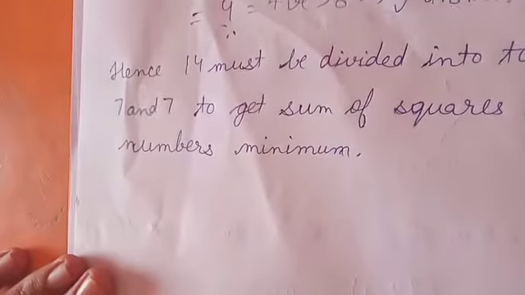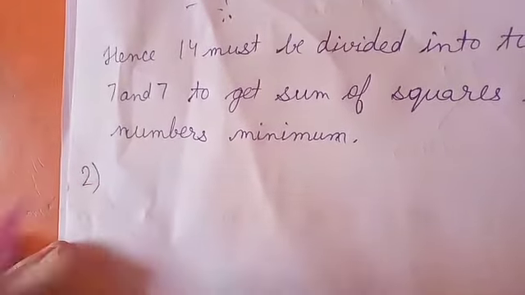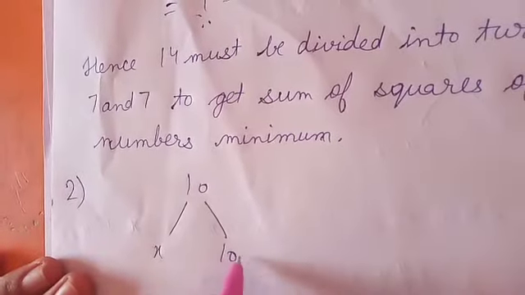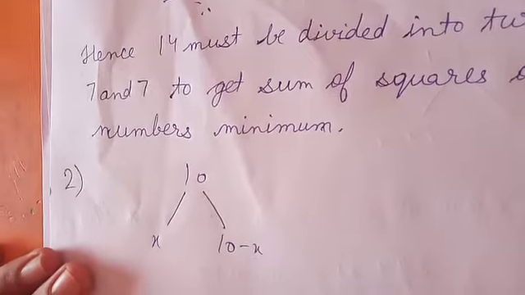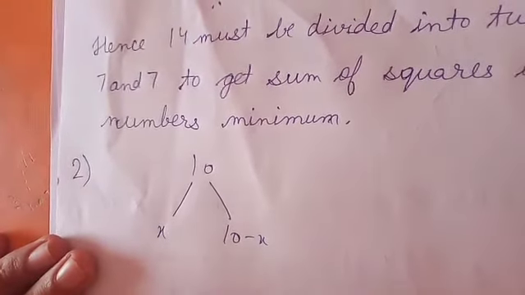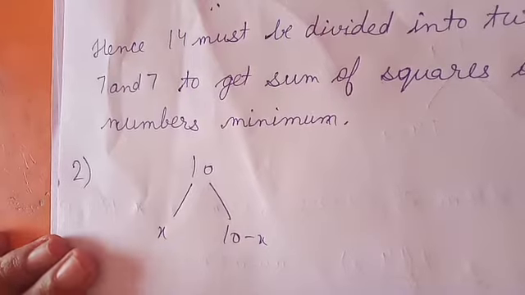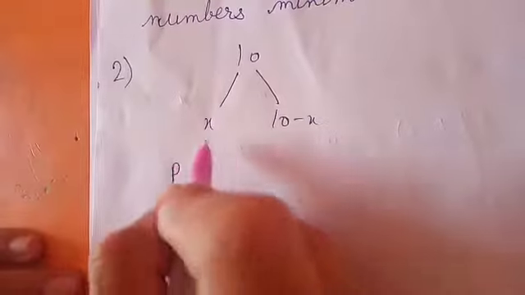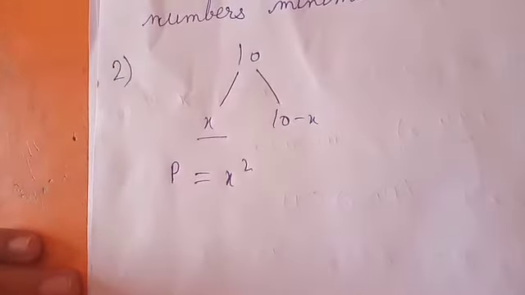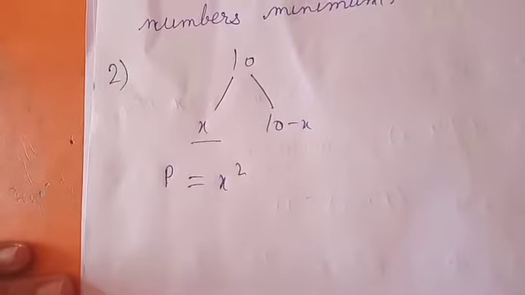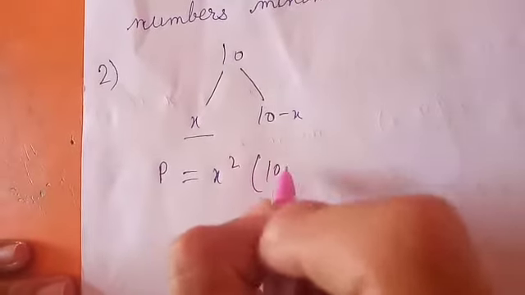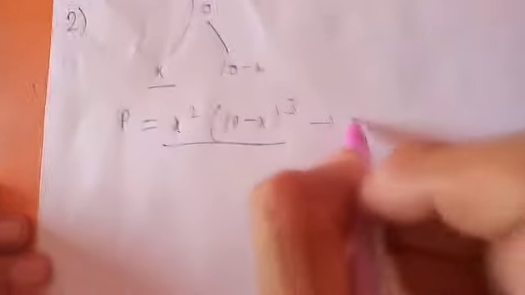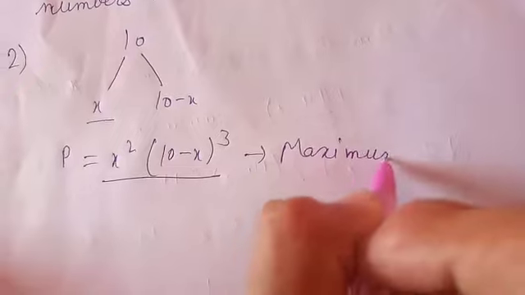Similarly, in the second question, you have to divide 10 into 2 parts, x and 10 minus x, such that the product of the square of one with the cube of the other may be greatest. It means the product of x square into (10 minus x) whole cube must be maximum.